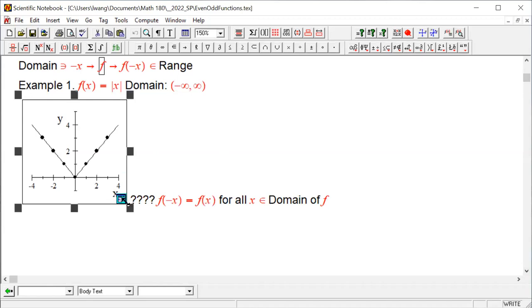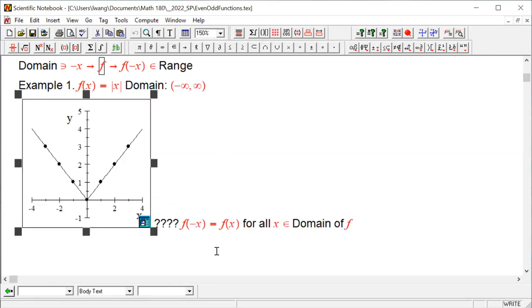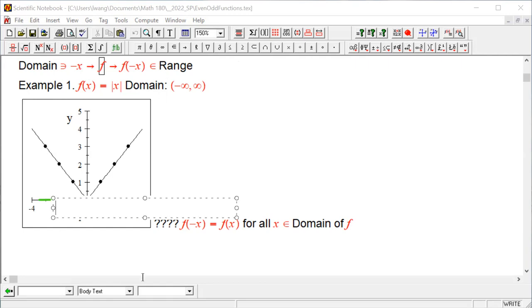Then we look at this function, this picture. What is x, what is negative x? Suppose I choose x, suppose this is my x. What is the opposite of x? The opposite of it will be on the other side.